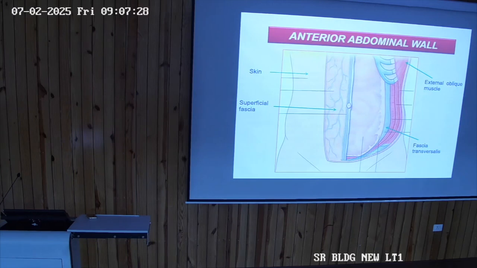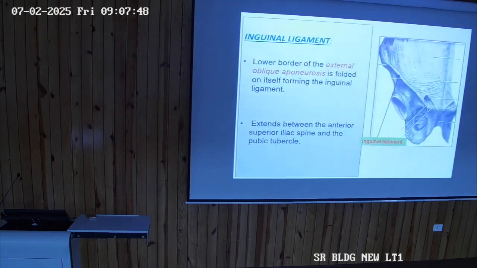The two ends are the deep ring and the superficial ring. These are the layers which are present: skin, superficial fascia, external oblique, internal oblique, transversus abdominis. Inside this there is fascia transversalis, and the extraperitoneal connective tissue.